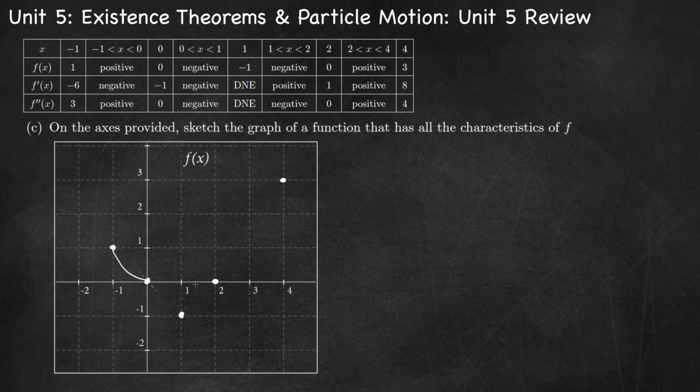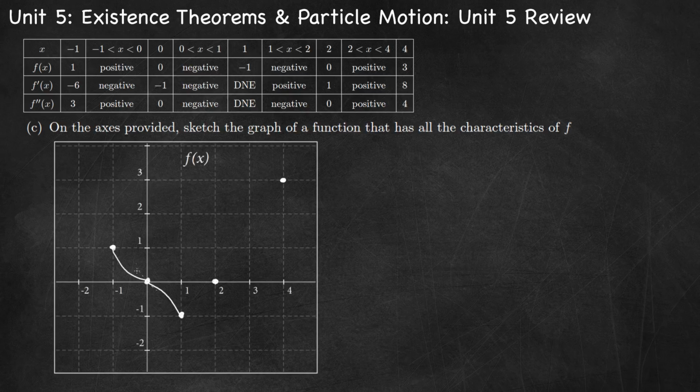Between 0 and 1, first derivative is negative, second derivative is negative, the function is negative. So below the x-axis, decreasing, concave down.